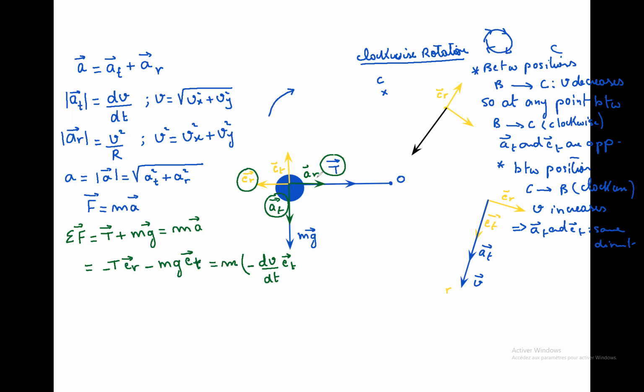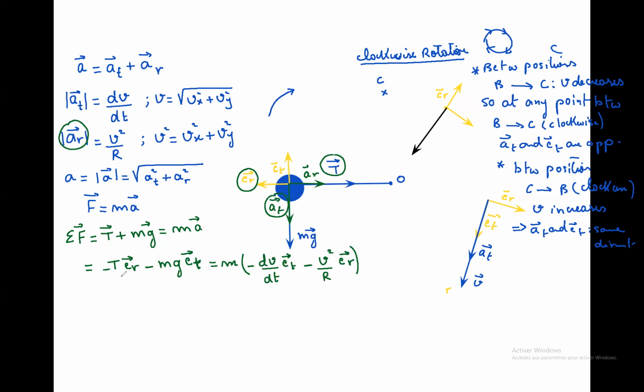Okay, ar is opposite to er. So we write ar as magnitude, which is equal to v square divided by r, but it's opposite to er.